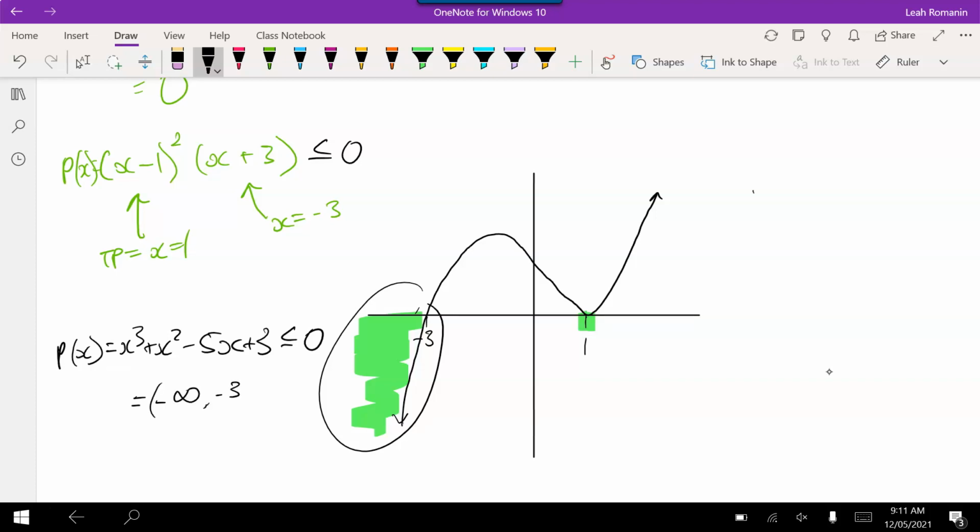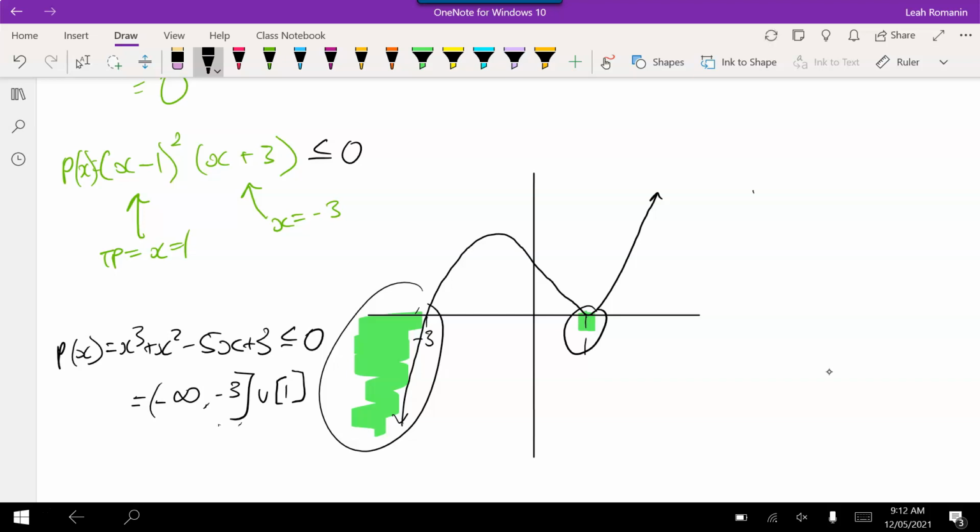Reason being is that I'm including 0. It's less than or equal to 0. At that point, negative 3, it's equal to 0. So I can include it, which means I've got a square bracket union 1. For the union 1, I only want this point of 1, because at x equals 1, my polynomial is equal to 0, so I want to include just that one solution as well.